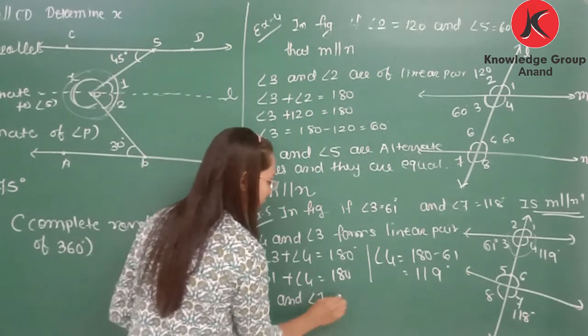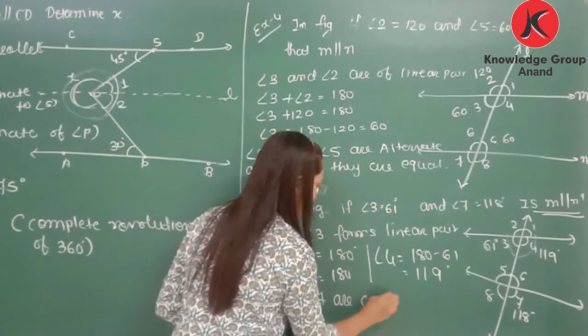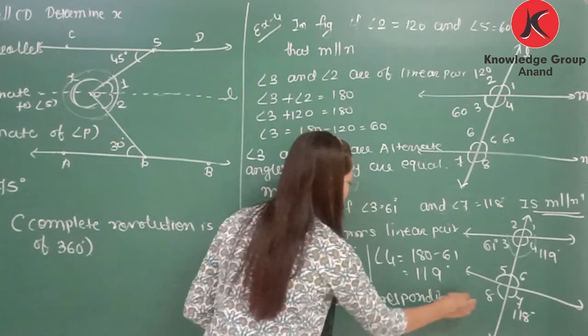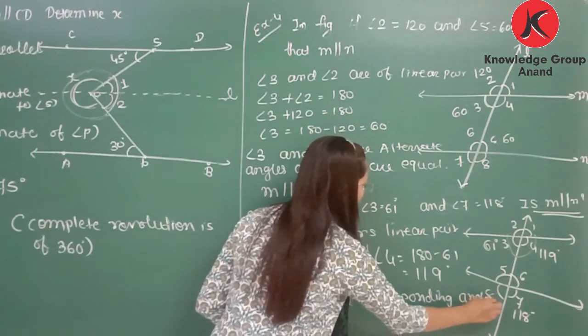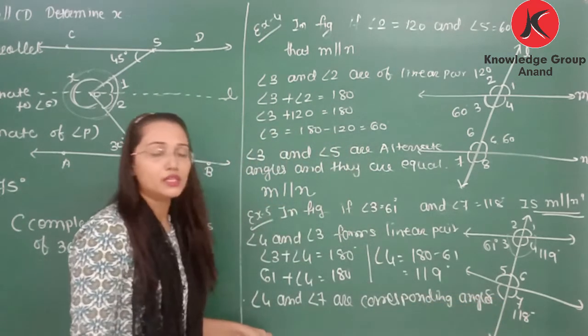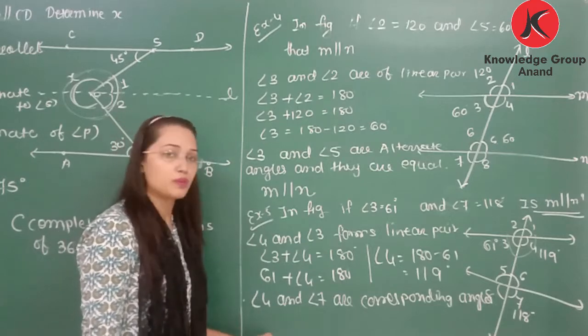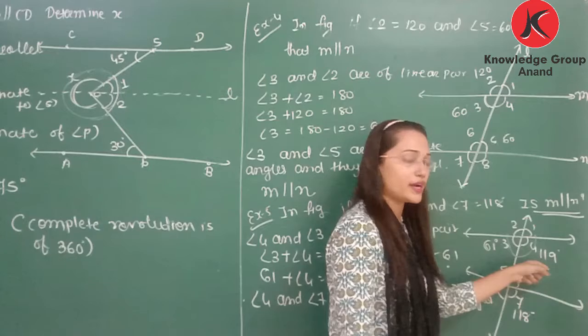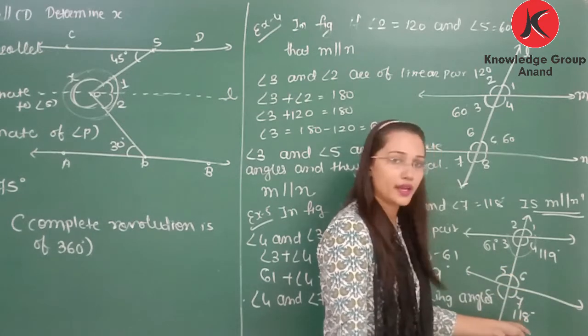But if lines are parallel, then corresponding angles must be equal. Here corresponding angles are not equal. One angle is 119, another angle is 180.